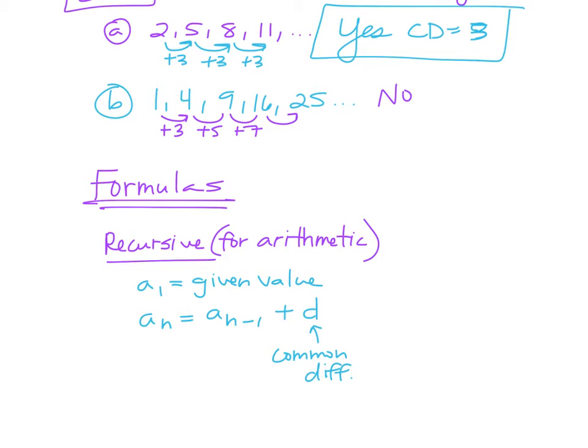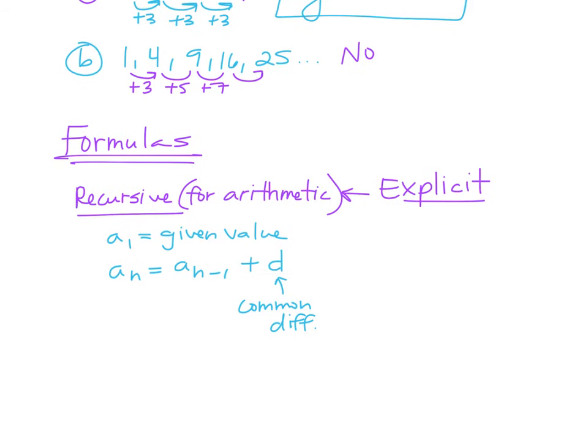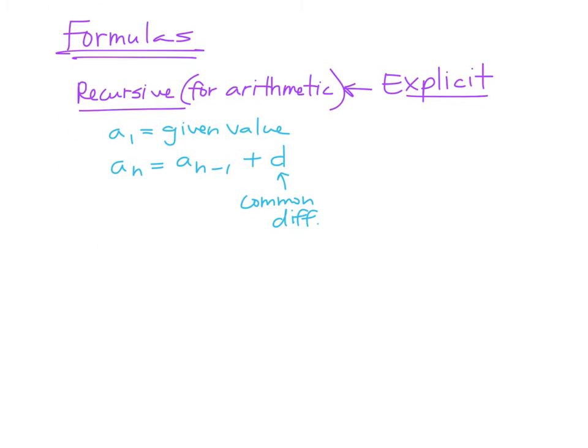The explicit formula, also for arithmetic sequences, is this. You will have a sub n, and this is the one that you did in Algebra 1A, so you'll have to see if you remember this, equals a sub 1 plus n minus 1 times d.